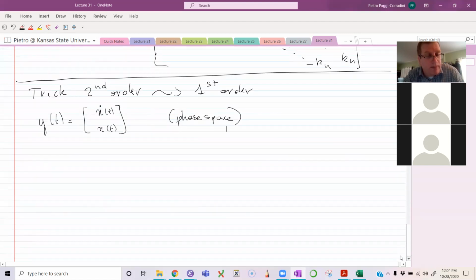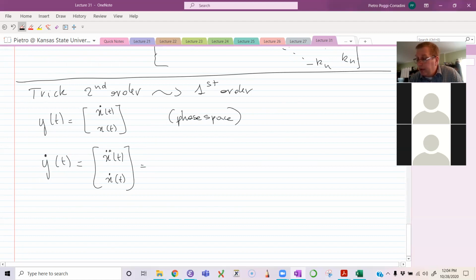All right, so with that, what happens when you take the derivative of this new variable? Well, you're going to get the second derivative of x here and the first derivative there, right?